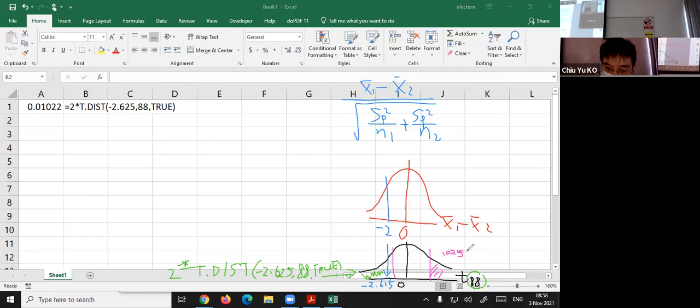Because it adds up to 5%, it's easy to see this would be T.INV 0.975, 88. Why? Because the right-hand side is 0.025, so the left-hand side is 0.975. This is actually symmetric, but you can also do the calculation 0.025, 88. There are two tails, so that's why we have two critical values.